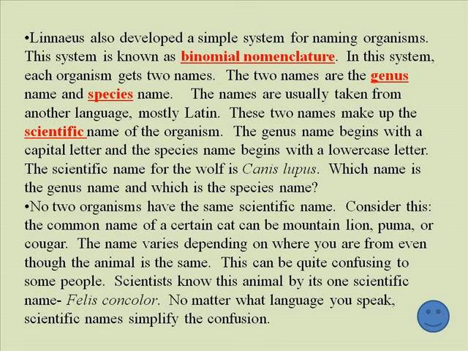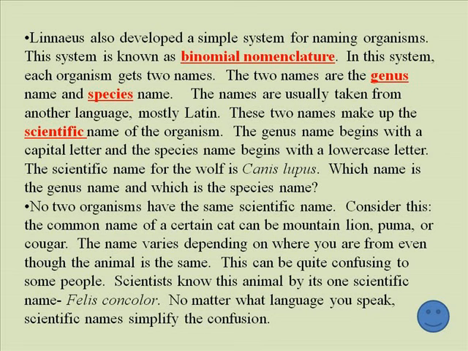You do have to know that for the quiz. Those two names in that order. And the names are usually made from either a Latin or Greek derivative. And these two names are going to make up the scientific name of the organism. So all humans, their scientific name is Homo sapiens.